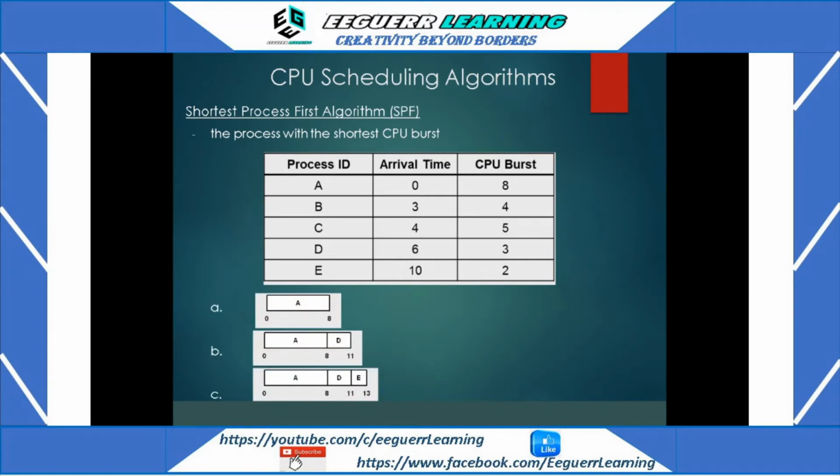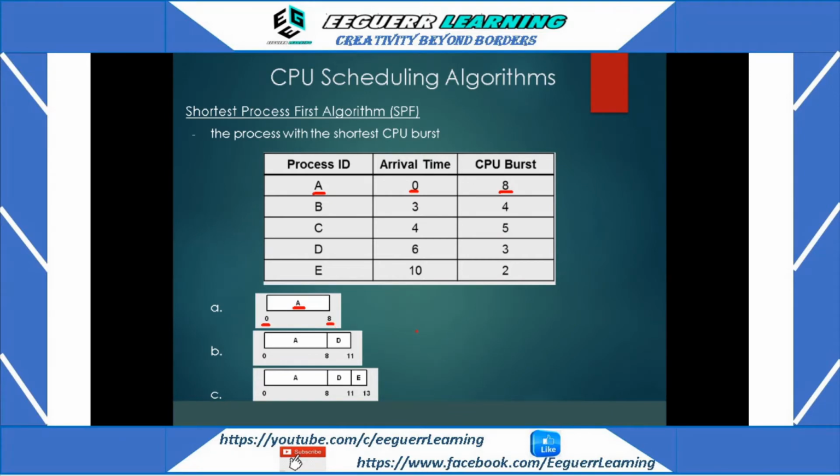So let us consider first the process A here and place it here. We're going to get the arrival time of 0 for process A, so place it here, 0, and its CPU burst of 8, and place it here.